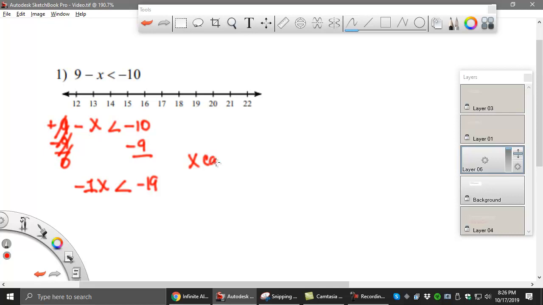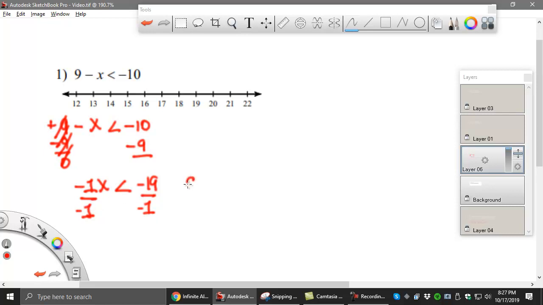Now what's important to remember is that x cannot be negative. It doesn't matter if it's an equation or an inequality, that x always has to be positive. To get that to be positive, I'm going to divide by -1 on each side. So I divide the left-hand side by -1 and the right-hand side by -1, just like with an equation.